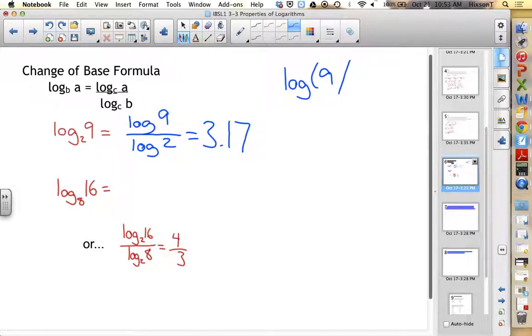Then you put a parenthesis after the 9. This one doesn't really matter because it's the end of the whole thing, but this one you've got to have a closing parenthesis on. Otherwise, you're not going to get the right answer. It would do 9 divided by the log of 2 and then take the log of that. So be careful that you're punching things in correctly.